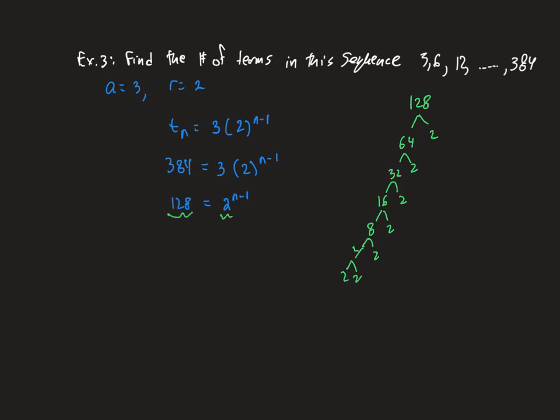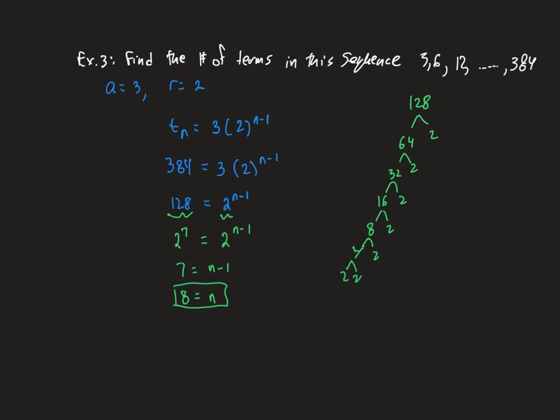So how many 2's do we have here? 1, 2, 3, 4, 5, 6, 7. Okay, so this is 2 to the power of 7. 2 to the power of n minus 1. We have the same base, which means I can just equal out my exponents. So n is equal to 8. It's a little bit more involved, obviously, than the arithmetic. Okay?